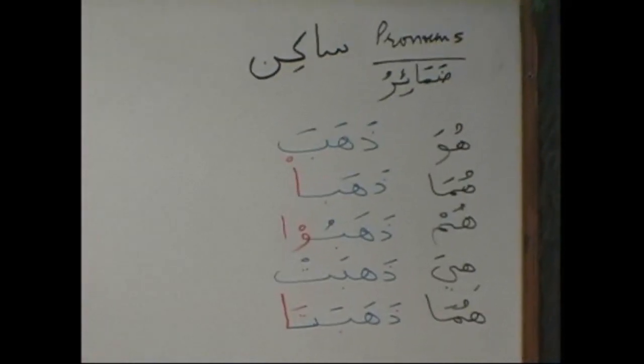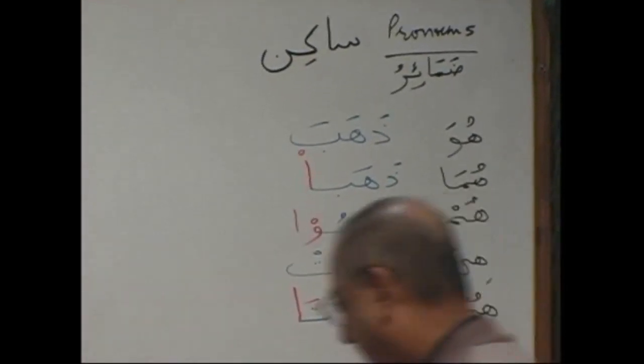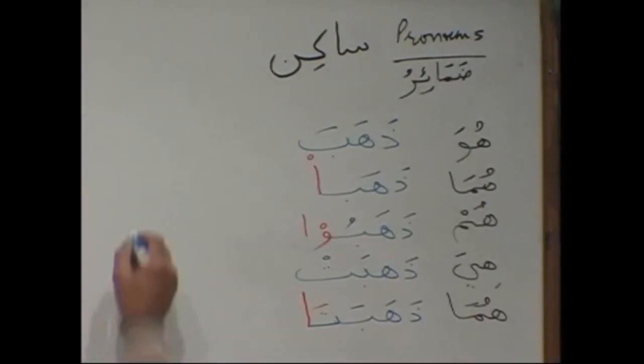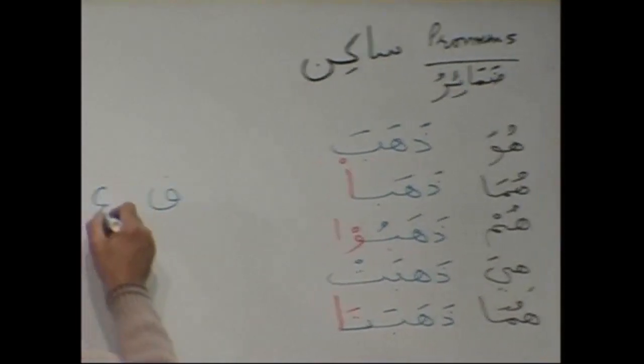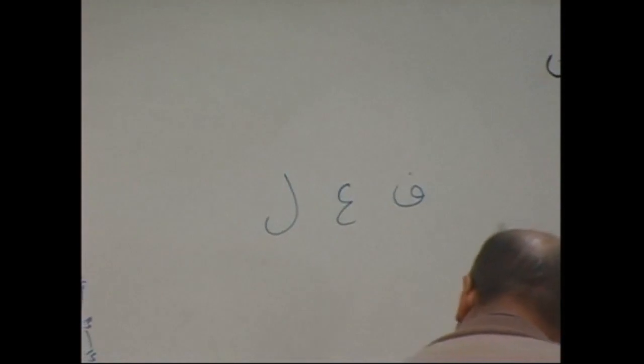And what is the root of it? Fa'ala is the root. Remember? That's the pattern. Shall I write it down? I think I should write it down, because somebody who's watching the video maybe will get it better, inshallah.